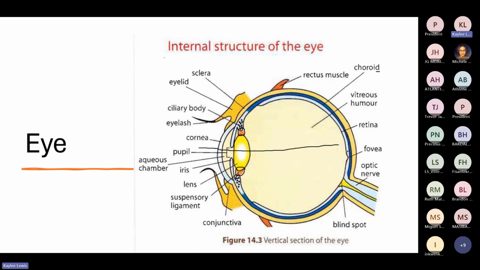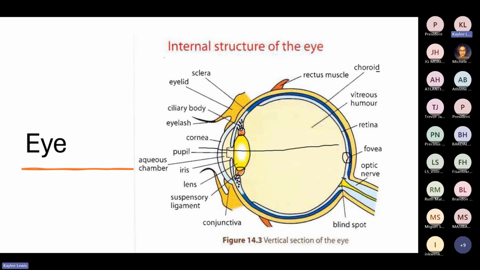Now, on the retina, we have two spots. We have a yellow spot. So the yellow spot will consist mostly of cones, and when the light falls on the yellow spot of the retina, it will form the clearest, sharpest image.